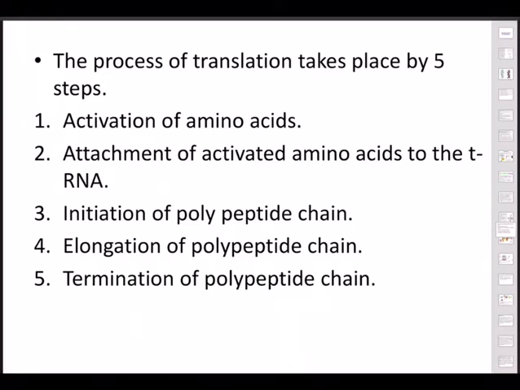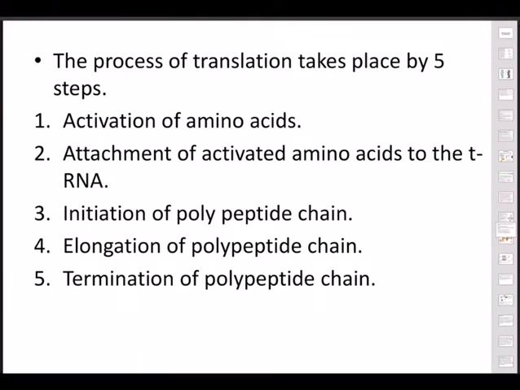So the amino acids present in the cytoplasm have to be activated and made to travel, do some journey and get attached to the tRNA, on the top side, that is the amino acid arm we said yesterday. So attachment of activated amino acids to the tRNA.